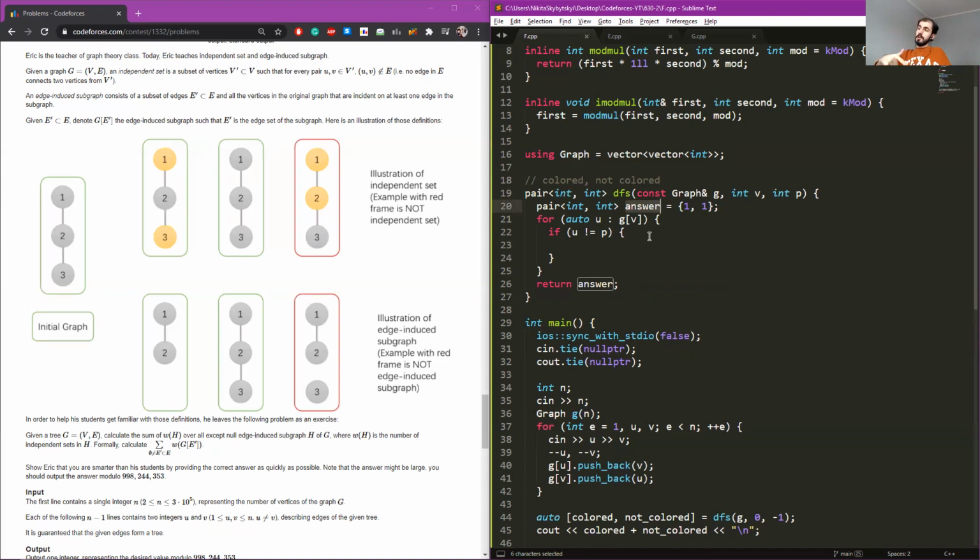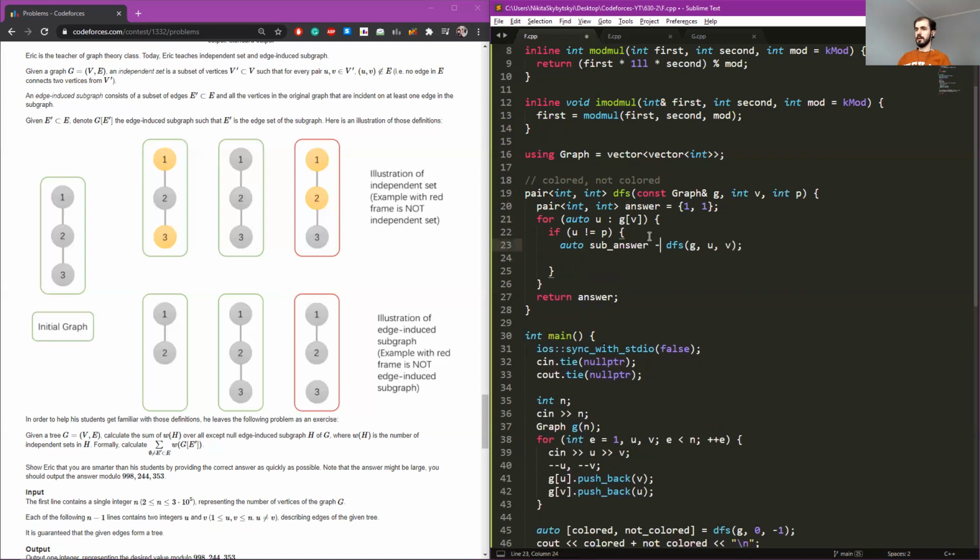If we do color that vertex, then for some edges it's 2 if we can remove and can keep it, and it's 1 if we can't do anything. Okay. So the answer is DFS from G, u, v. Answer first.